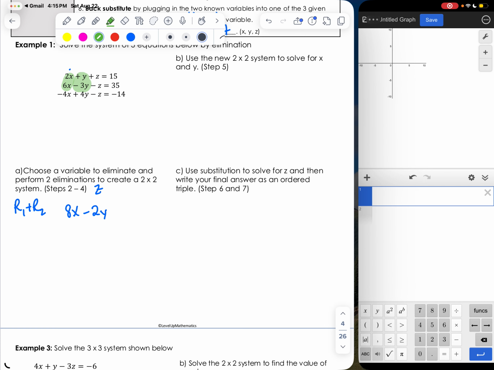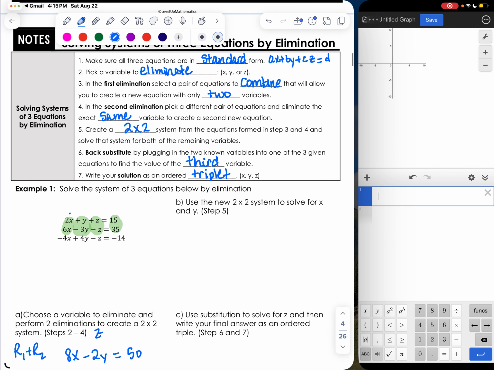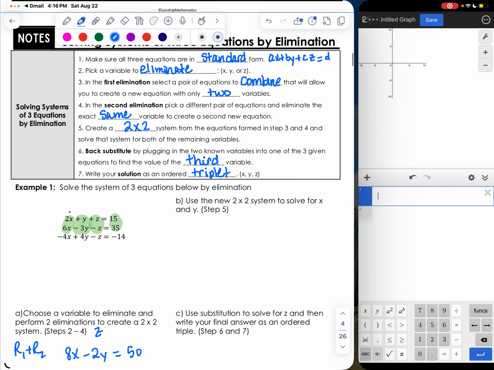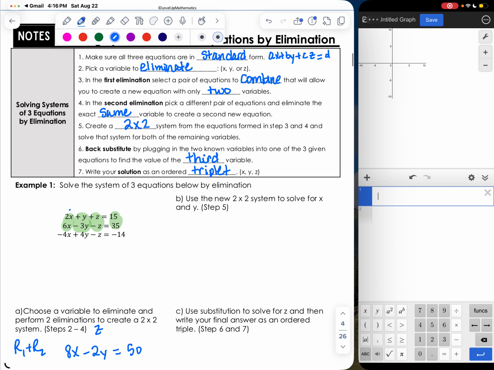Then combine positive z with negative z, and that will eliminate. And finally, combine 15 with 35, and that will give you 50. So this was step 3: in the first elimination, select a pair of equations to combine that would allow you to create a new equation with only 2 variables.